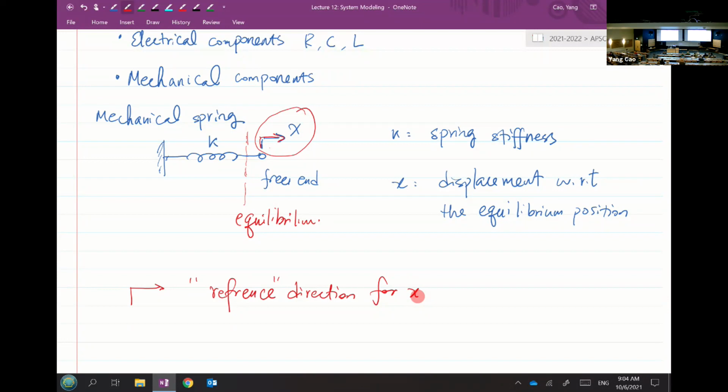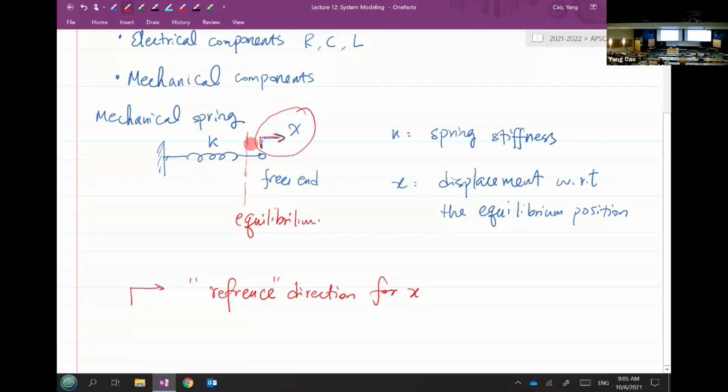So when we draw the arrow here, saying that's the reference, it basically means if you have a movement to the right side of this equilibrium position, which is the direction indicated by the arrow, then you get a positive displacement x. Of course, if the free end is somewhere on this other side, then you get a negative x, because that x is in the opposite direction of the reference arrow.